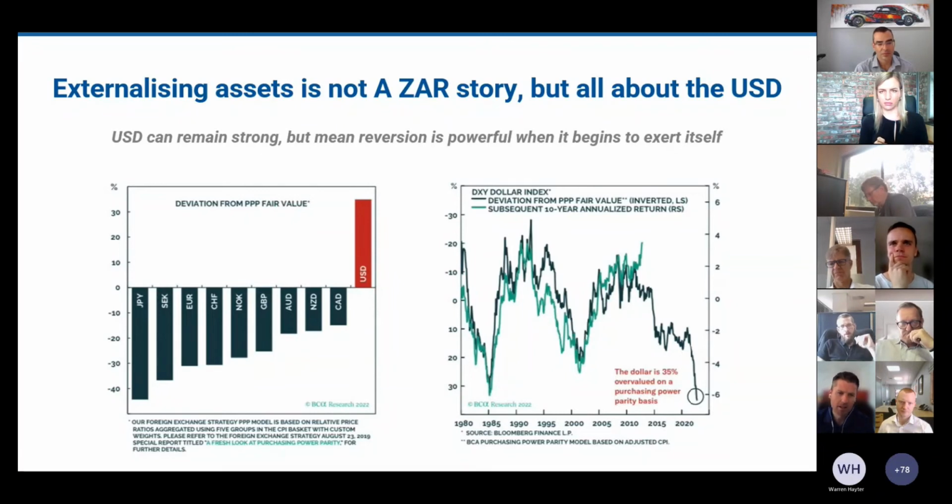And on top of that, the economic environment is quite tough, and typically that's when the US dollar does well. So we can see the dollar is very far from purchasing power parity on the left. On the right, you can see the dollar on a purchasing power parity basis versus its long-term history. So only in the mid 80s was the dollar this strong.